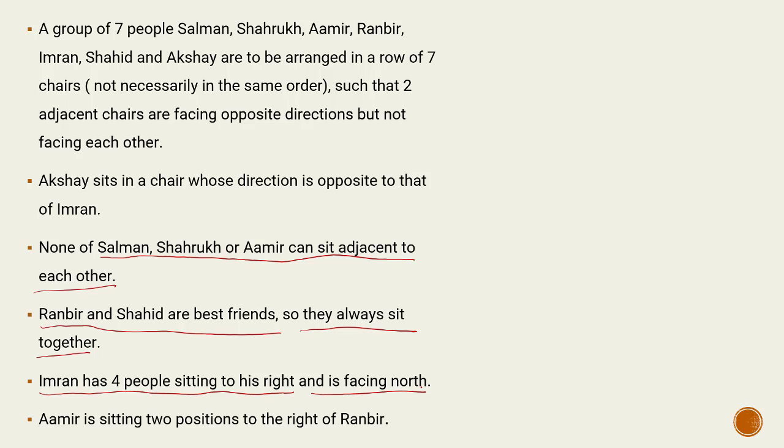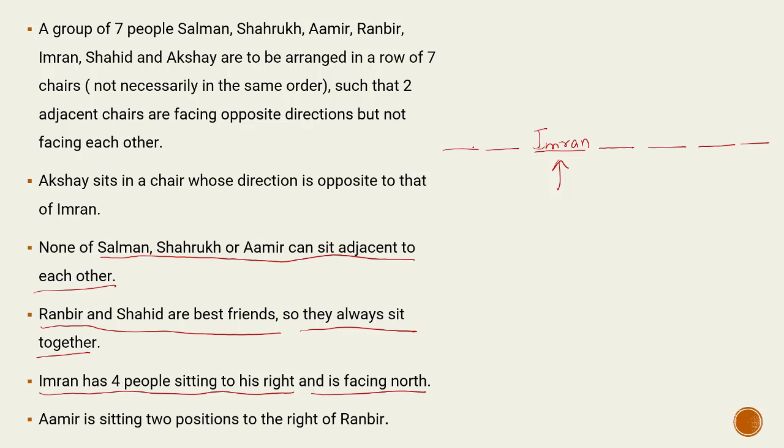Now this is definite data, and from here I can start arranging these 7 people on chairs. Since it's been given that Imran is facing north and has 4 people to his right, there should be 4 positions to his right, and since there are 7 people, there should be 2 people on his left.